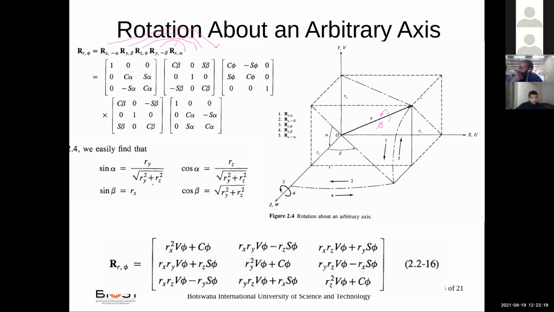I'll verify it and confirm it with you in the next meeting, whether pre-multiplying or post-multiplying will have the same effect in this computation of a rotation about an arbitrary axis. My guess is that it doesn't matter, because the effect is like canceling of the rotation, but I have to verify it to make sure it is a correct answer.